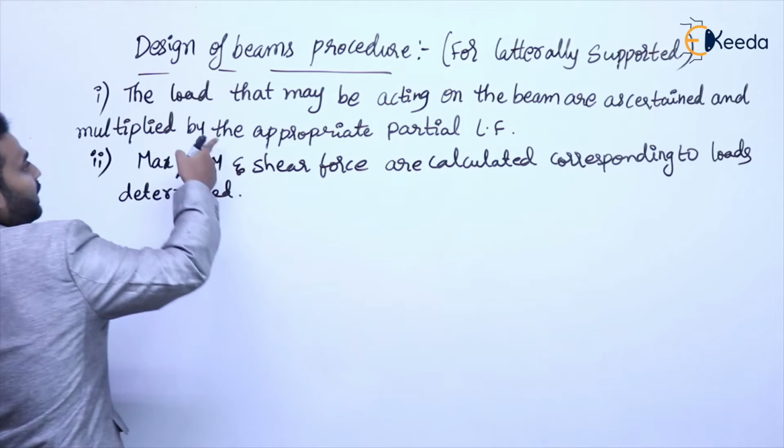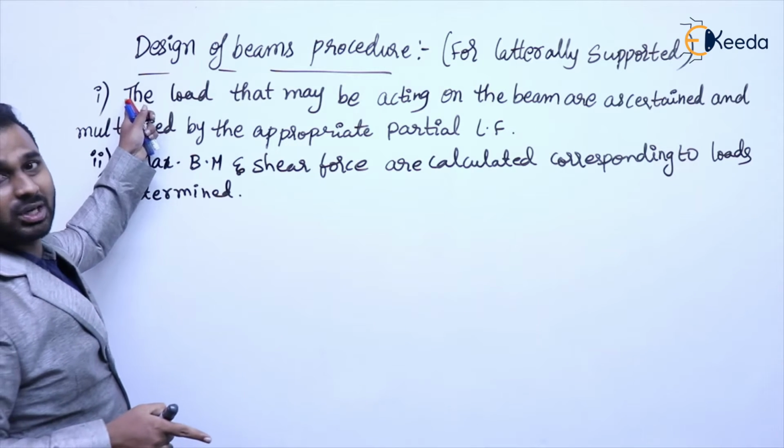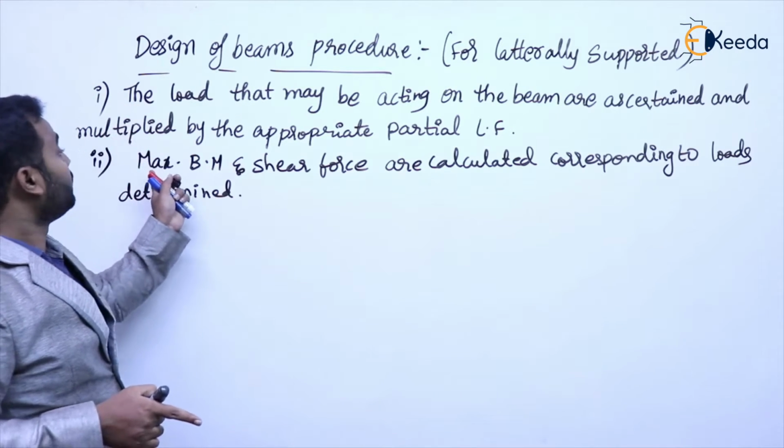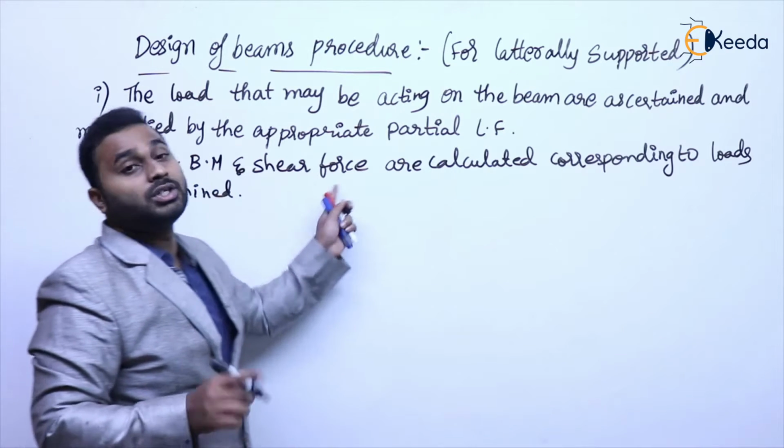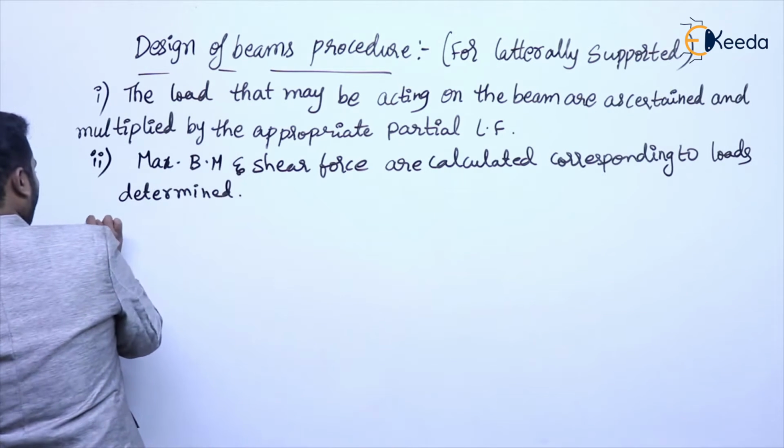Is that clear? So here we have calculated the loads in the first step. Now corresponding to those loads, we calculate maximum bending moment and shear force. Is that okay? Next step.